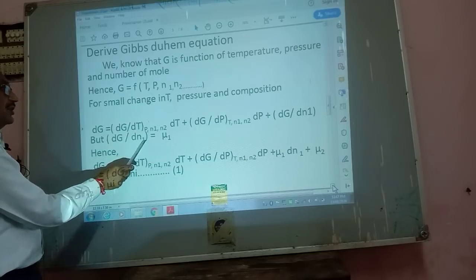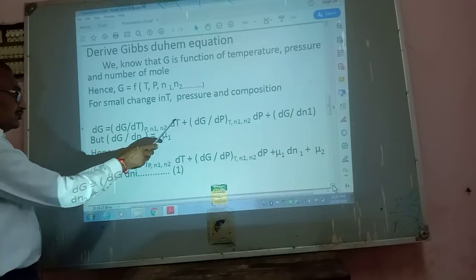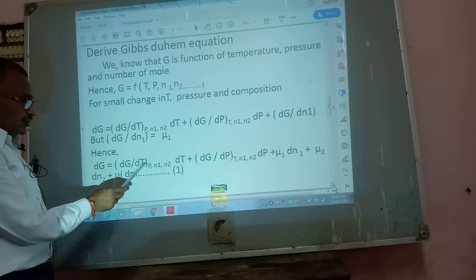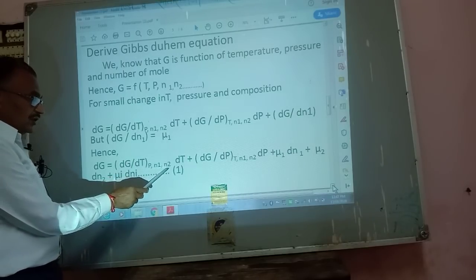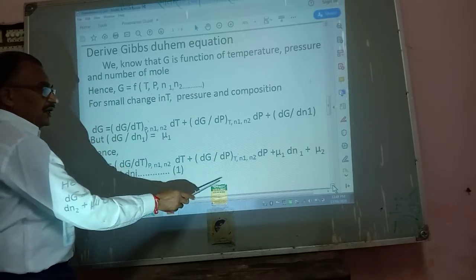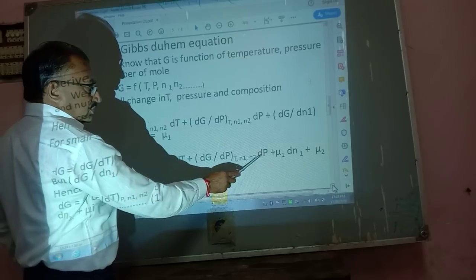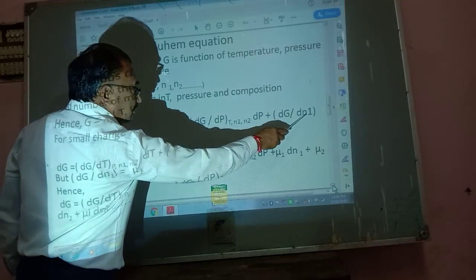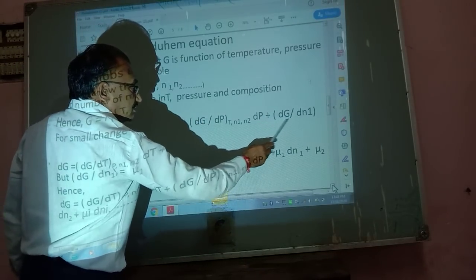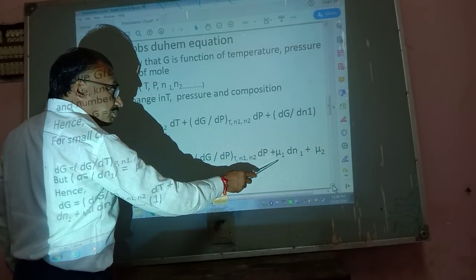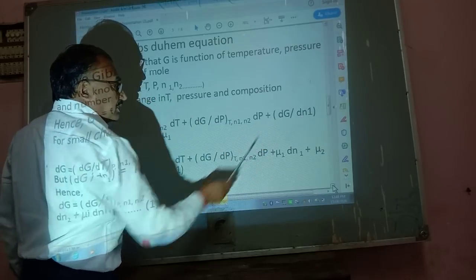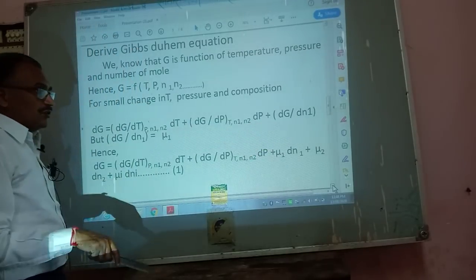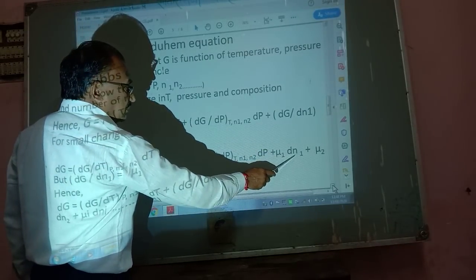Putting this value into this equation, dG is equal to dG upon dT at constant pressure, n1, n2, into dT, plus dG upon dP at constant temperature, n1, n2, into dP, plus mu1 into dn1, because mu1 is the chemical potential, the change in partial molar free energy with respect to the first component.